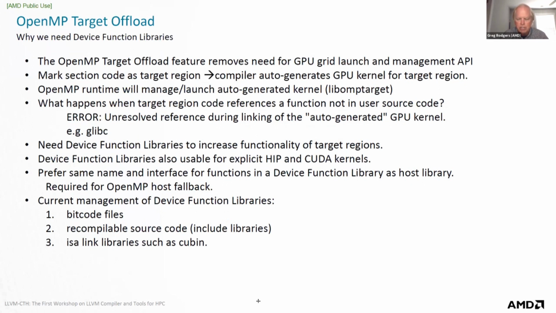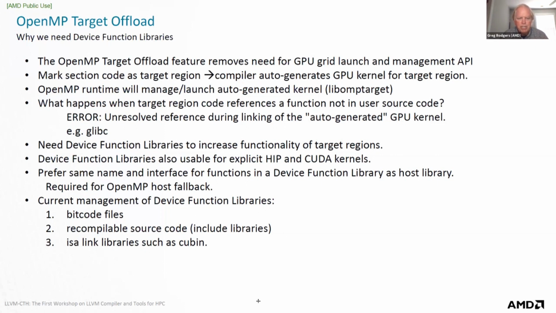Within that code section, you have parallel constructs like parallel for, distribute parallel for, and SIMD. You have all of those constructs within the target region. The OpenMP runtime then manages and launches these auto-generated kernels using the libomptarget runtime.